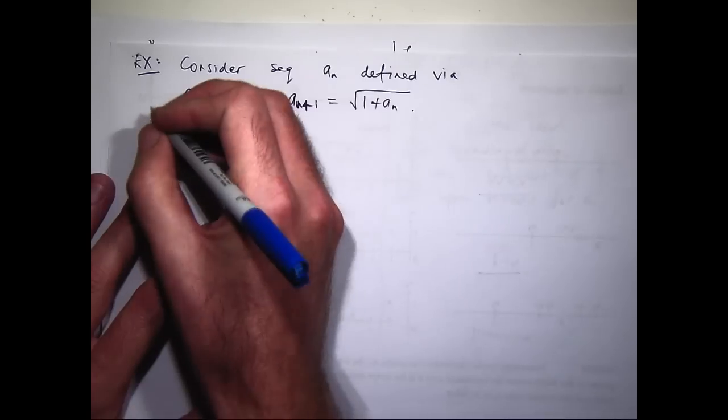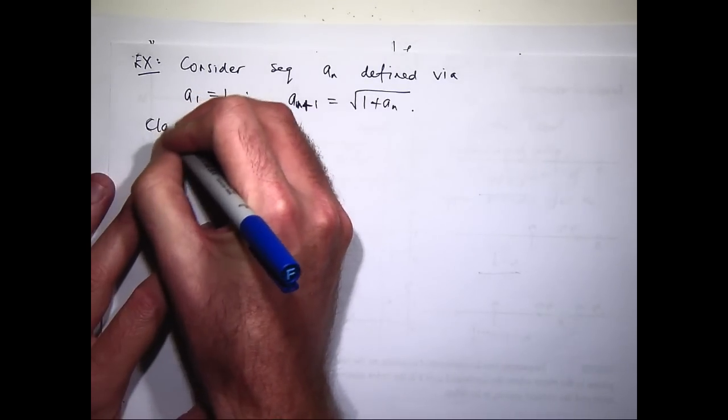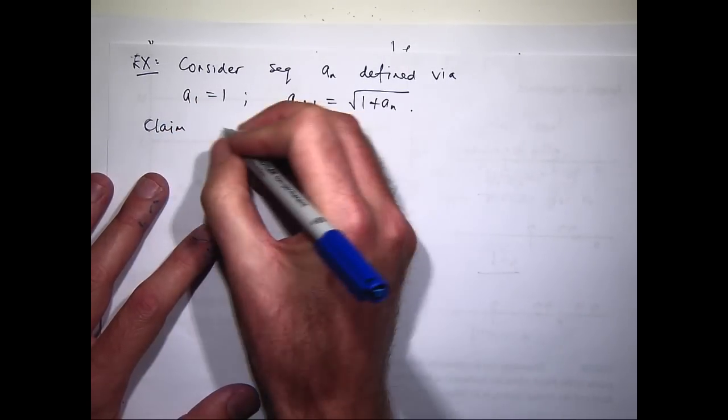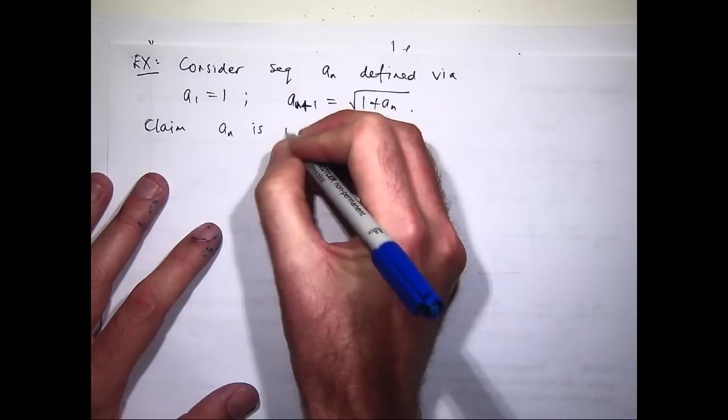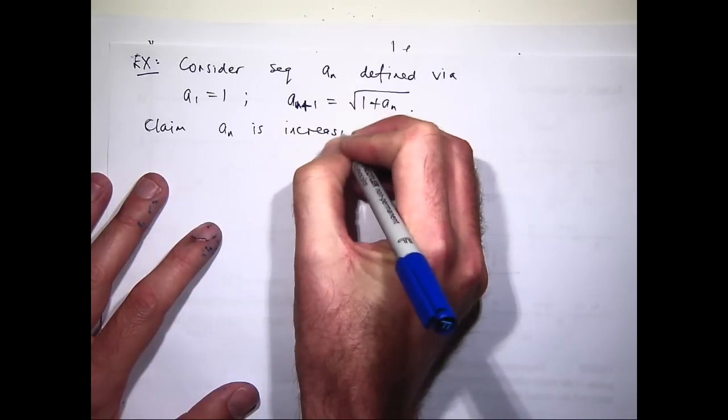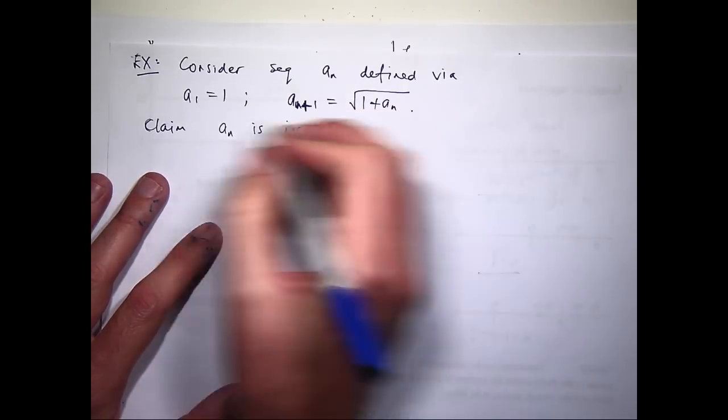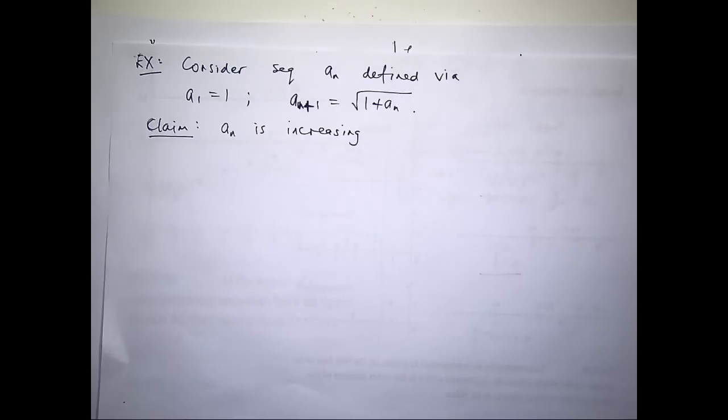Okay, so essentially, all we need to do is tick off the two conditions of the monotone convergence theorem.